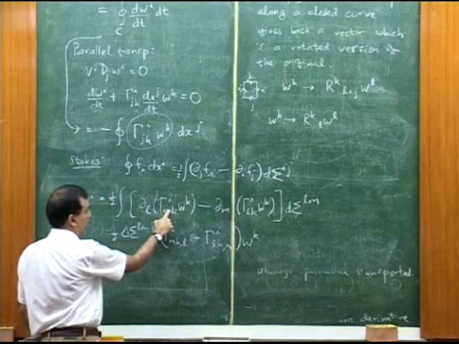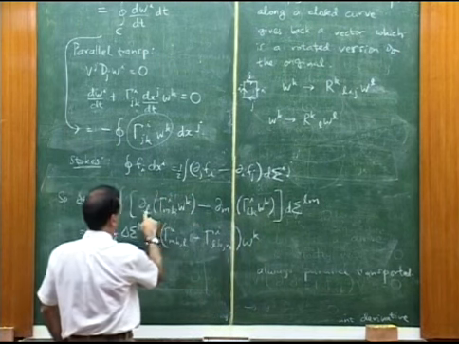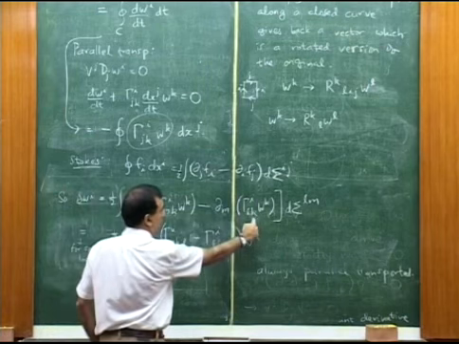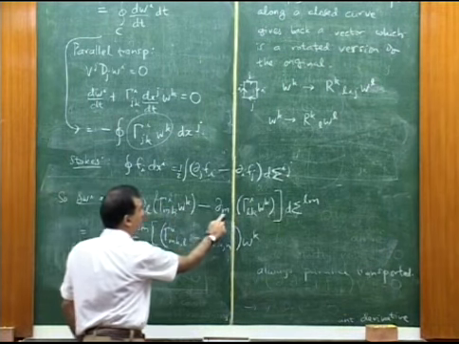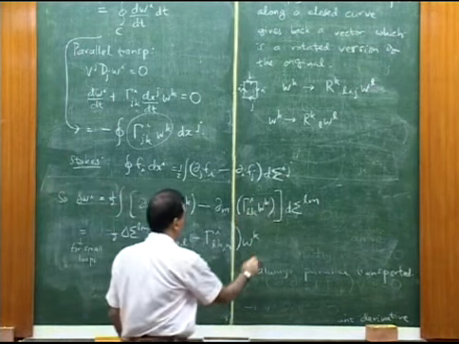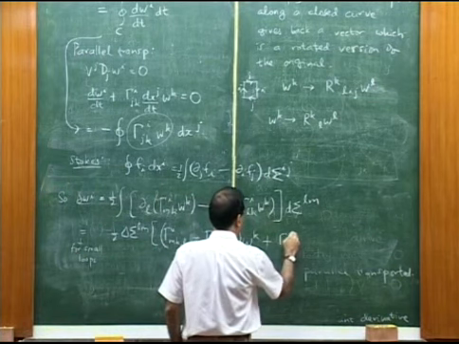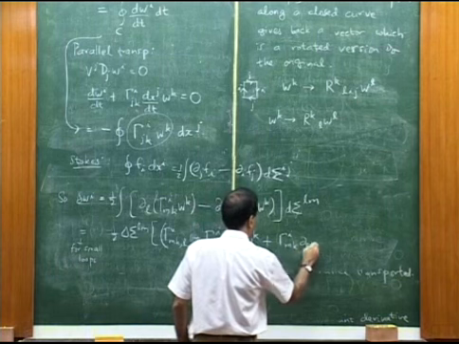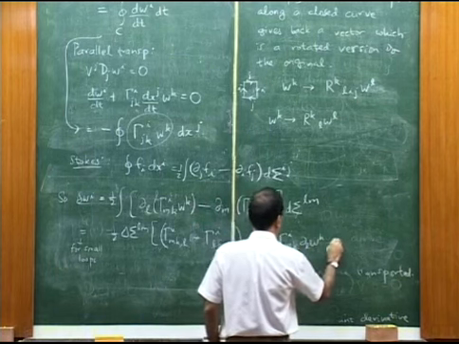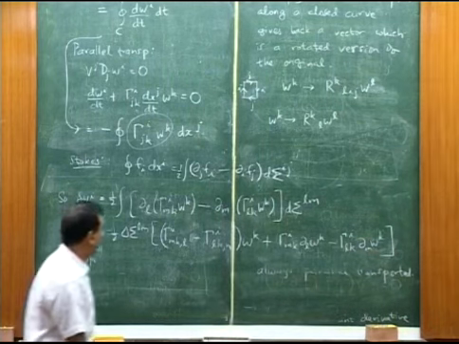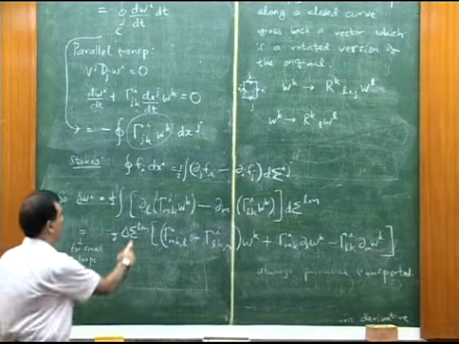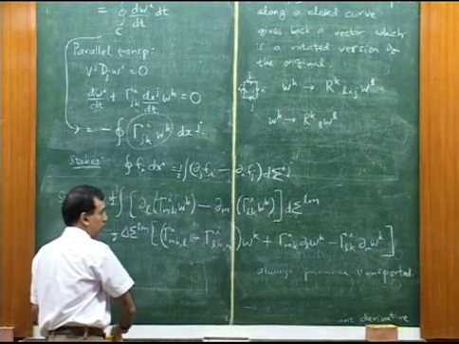This is when ∂_L acts on this gamma and ∂_M acts on this gamma. There are two more terms when ∂_L acts on W or ∂_M acts on W, so I have to write those terms. Gamma_IMK. So far I think I am doing okay. I have just expanded this out into 4 terms.